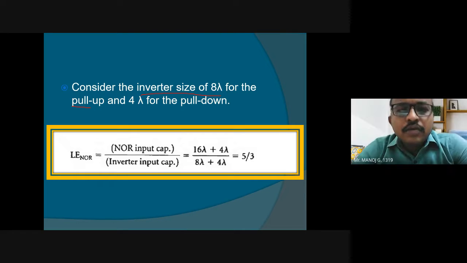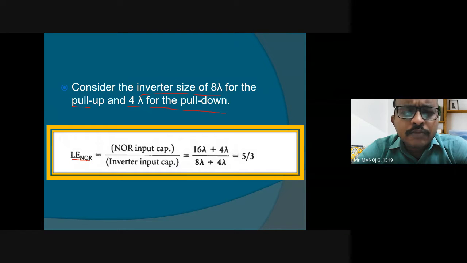Now it is given here. You have a pull-up transistor with a size of 8 lambda and a pull-down transistor with a size of 4 lambda. Now you have to find out the logical effort for a NOR gate. They might ask you what the logical effort of a NOR gate is.